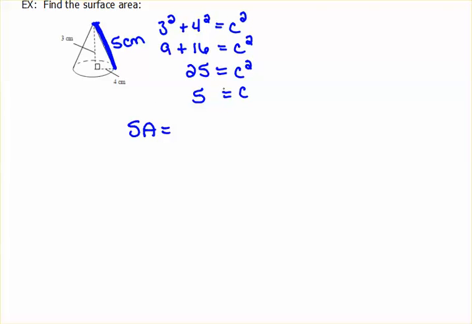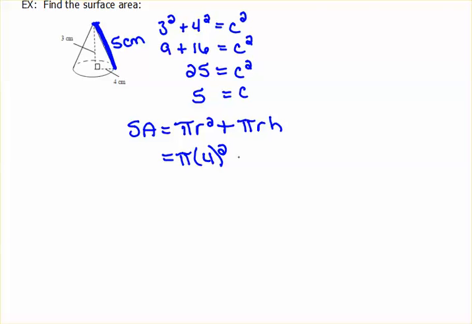So surface area formula is pi r squared plus pi r h. So let's see, what's the radius here again? They told us it was 4 centimeters.